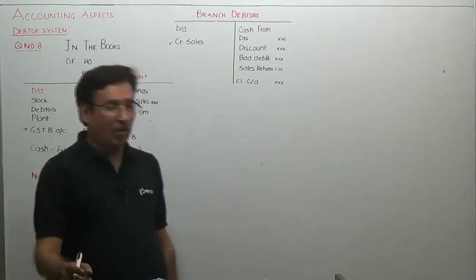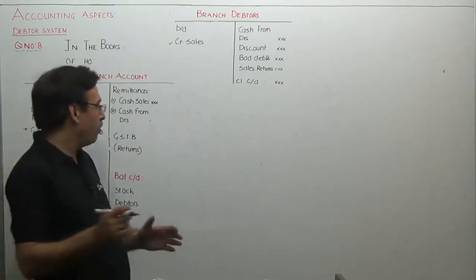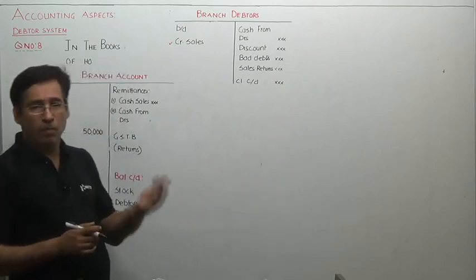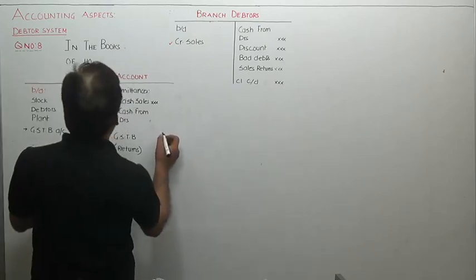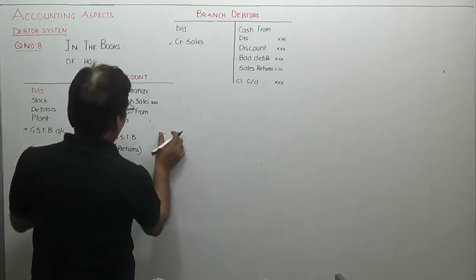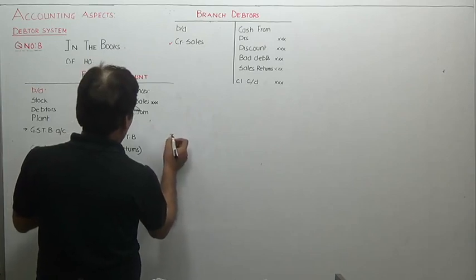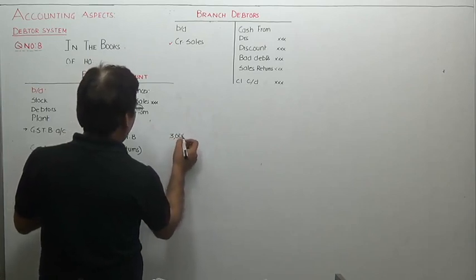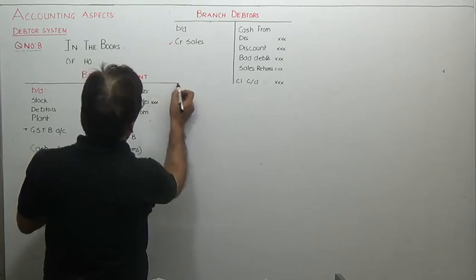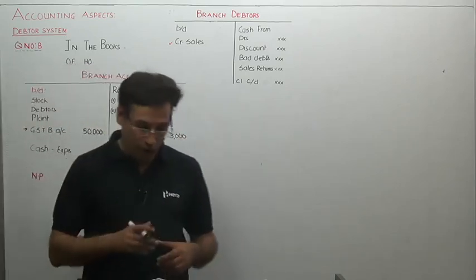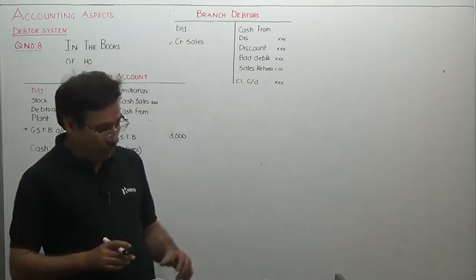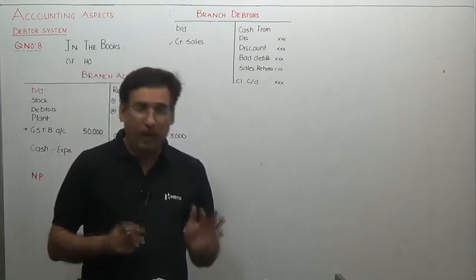Now, goods returned by branch at cost. I told you sometimes the branch returns goods back to head office. So now you are going to write it on the credit side of the branch account. You will simply write here by goods sent to branch account, returns 3,000. Whenever we receive something back from the branch, we put it on the credit side. Then there are branch credit sales.